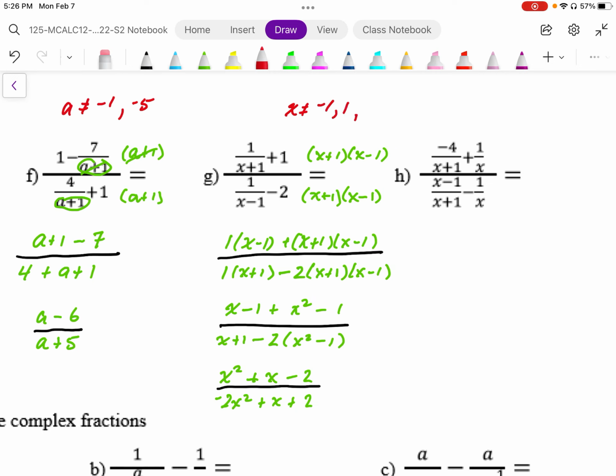And then I also have this whole denominator can't be equal to 0, so I'm going to write that out. Negative 2x squared plus x plus 2 not equal to 0. Now I could solve that using the quadratic formula and make sure, and I can get the actual value of that, but that's for now good enough.